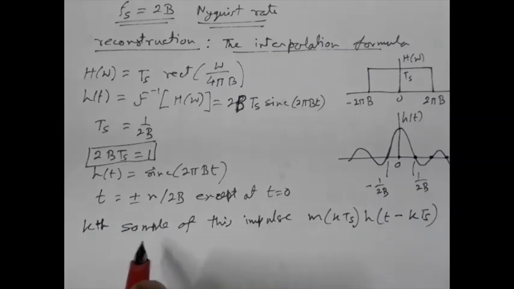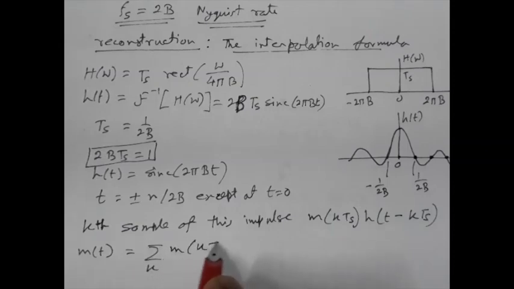So the filter output of g-bar(t), which is the m(t), can be written as summation over k of m(kTs) h(t minus kTs).